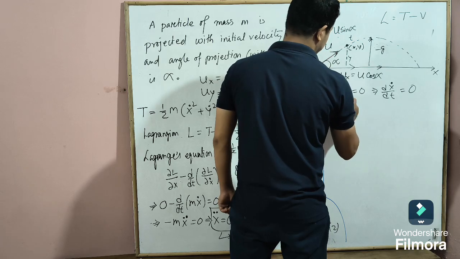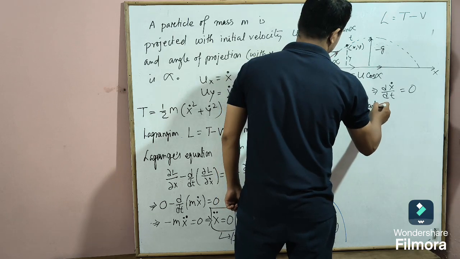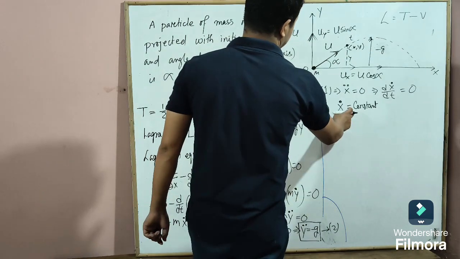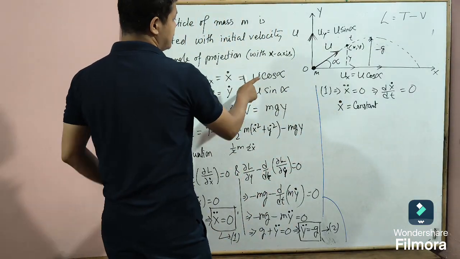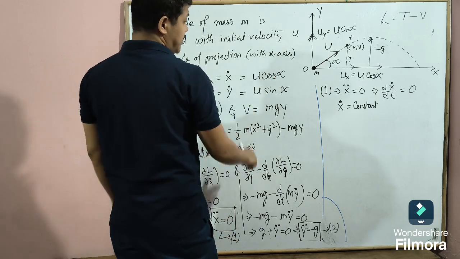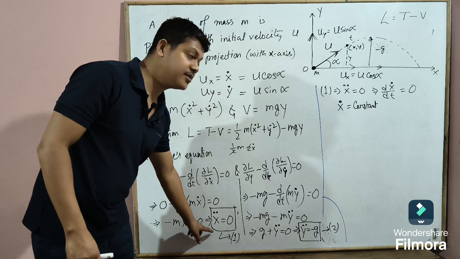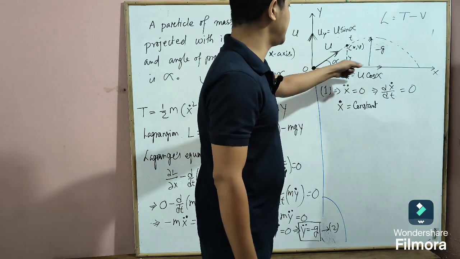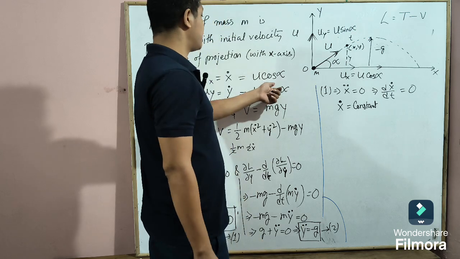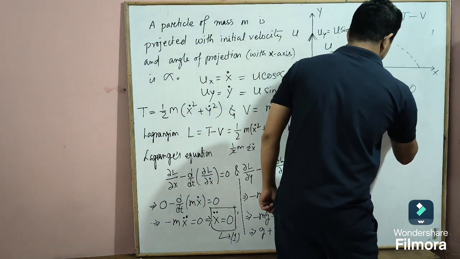That means x dot must be a constant, and that constant is u cos alpha, because along the x-axis the acceleration is 0. So the x dot, which is the velocity along the x-axis, must be constant. There is no acceleration along the x-axis, right?